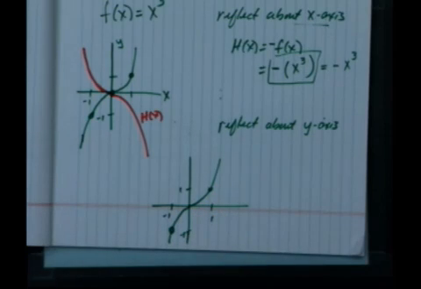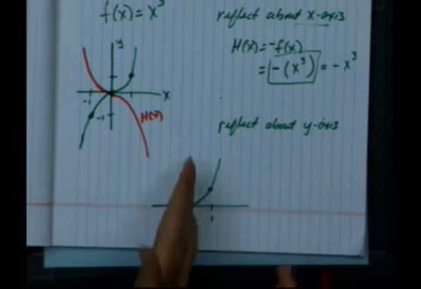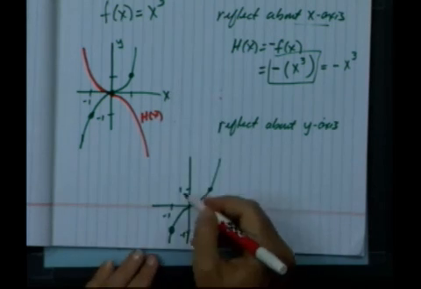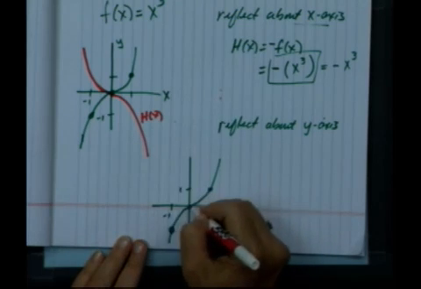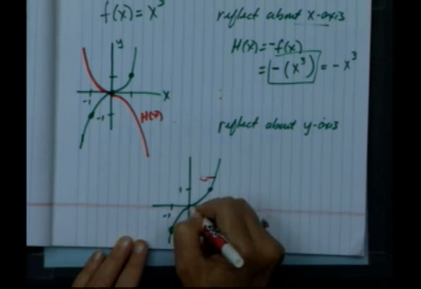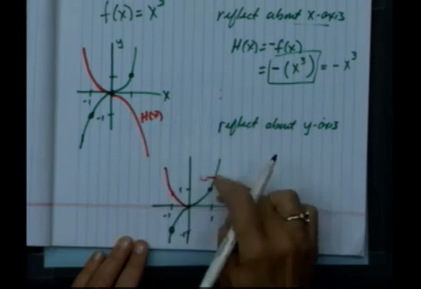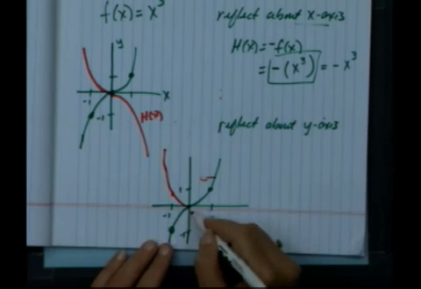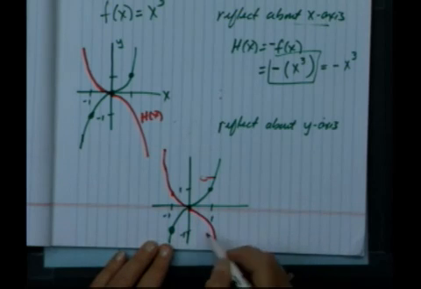Now, if you're going to reflect about the y, that means you're going to fold your paper here where the y is. So if you reflect about the y, this part is going to flip over here, and this part's going to flip over here.